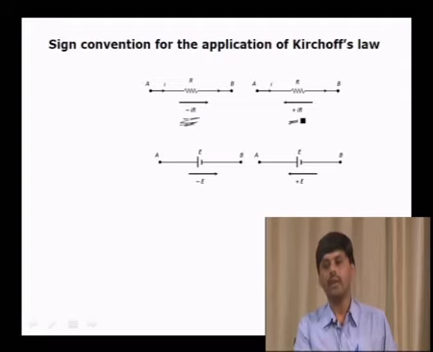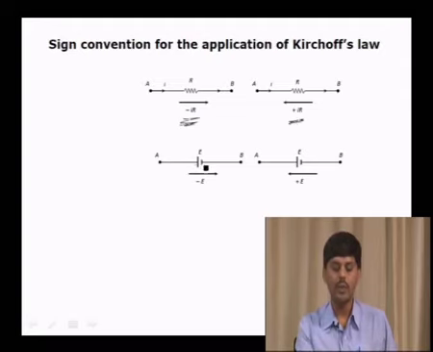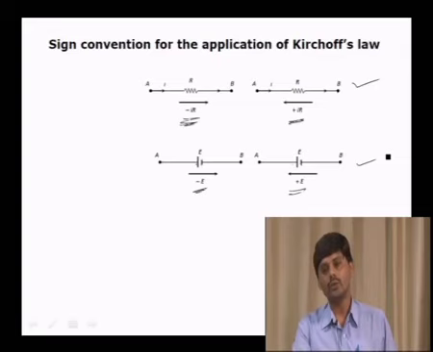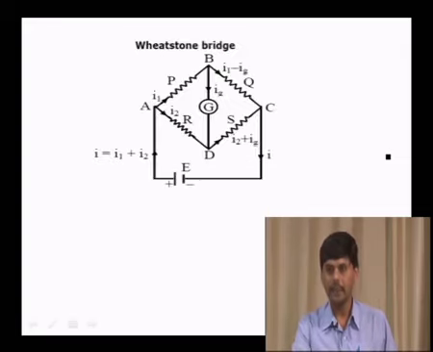Similarly, in the case of the EMF, when we move from higher potential to lower potential, the EMF is minus E. If you move from lower potential to higher potential, then the EMF is positive. This is the sign convention. If you know this sign convention, it is very easy to solve Kirchhoff's law problems.